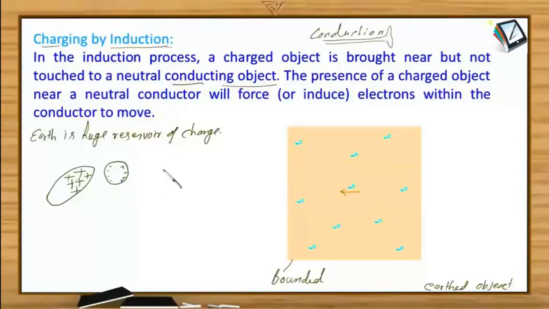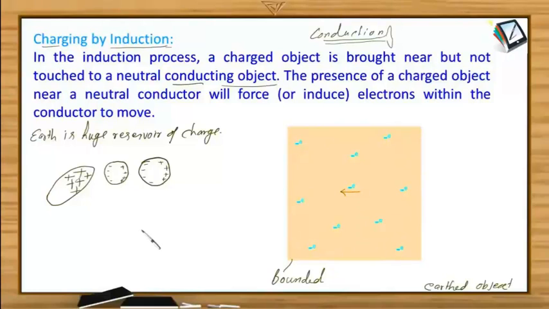And now suppose we have another sphere kept nearby. Then this positive charge is going to attract electrons of this object. So at this end electrons will get accumulated, and over this end the same amount of positive charge will be created. So this is the scene.